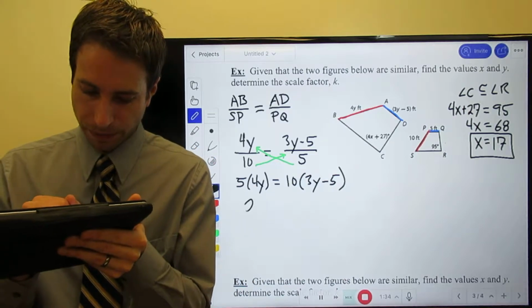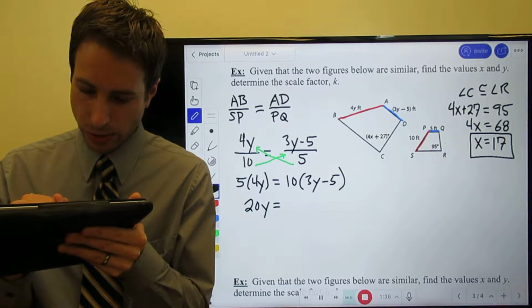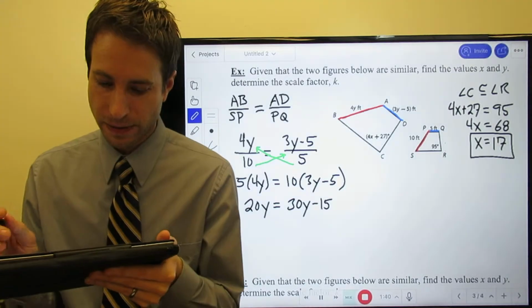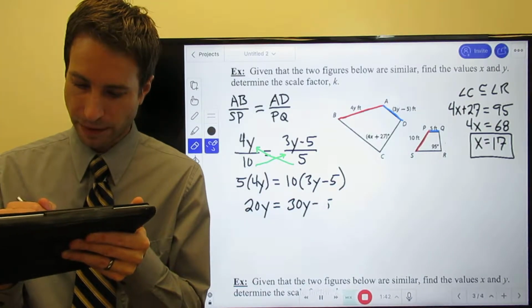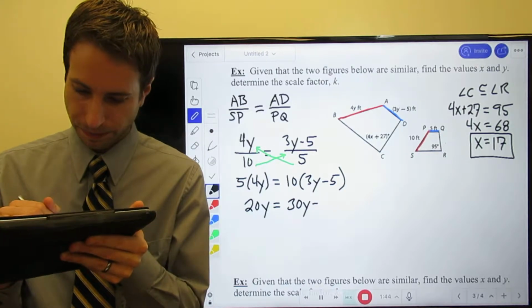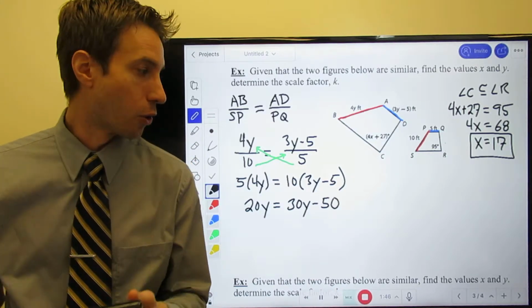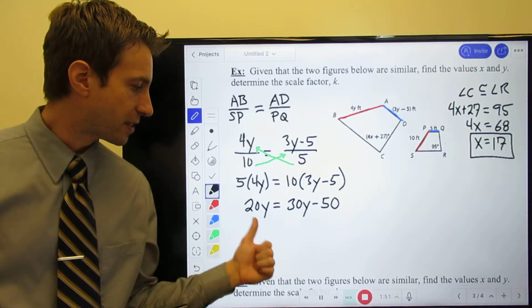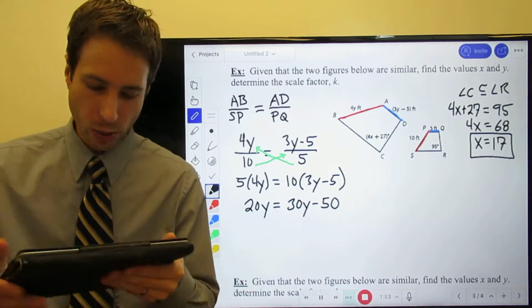So here we go. 20y equals 30y minus 50. Beautiful. Now, I need to solve for y. I'll add the 50 to this side, subtract the 20y to this side.